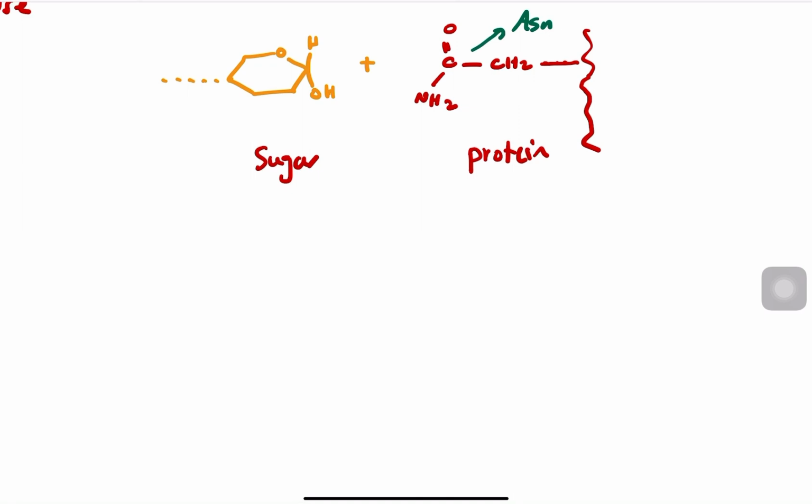As you see here, we say N-glycosidic bond. N-glycosidic bond formation. What is this? As you see here, for example, the reaction can happen with one hydrogen from here and one OH from here, removing water, and these two molecules bind to each other.